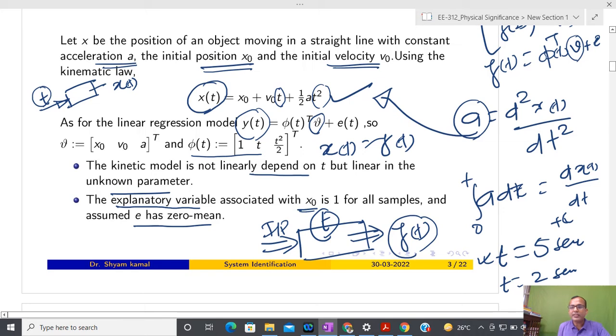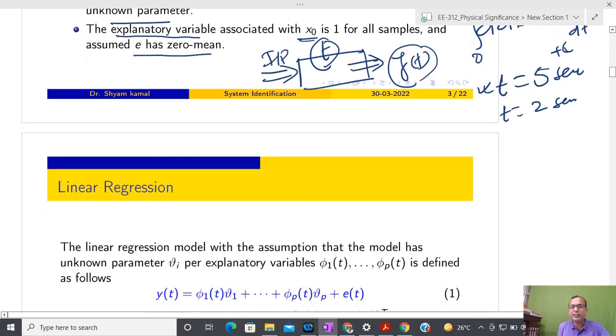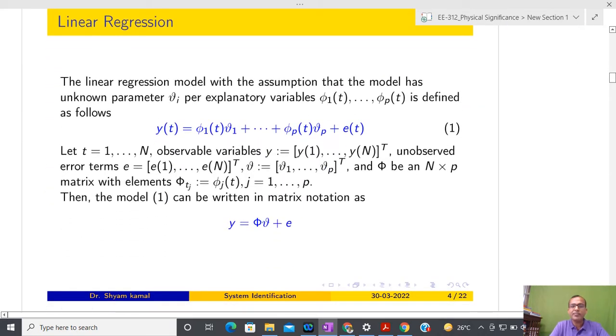So this is the linear regression model that is associated with this problem. Now I am going to define the general linear regression. I hope that some of you might be aware of this. Whenever I have some kind of system, we are trying to formulate a static relationship.